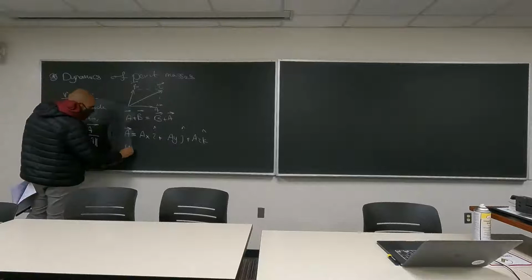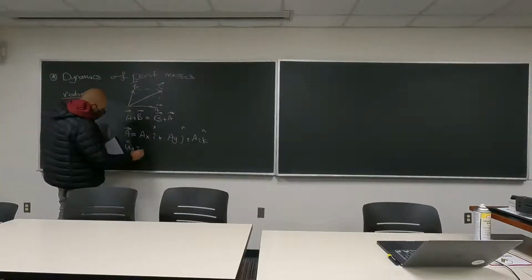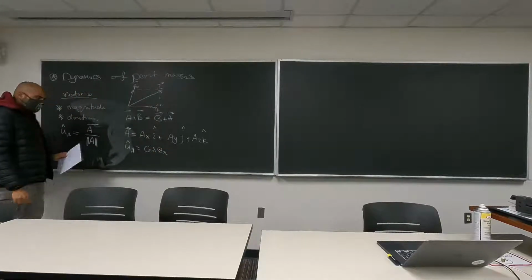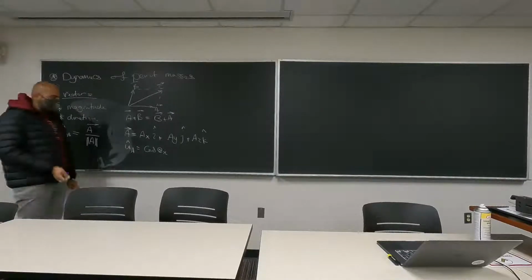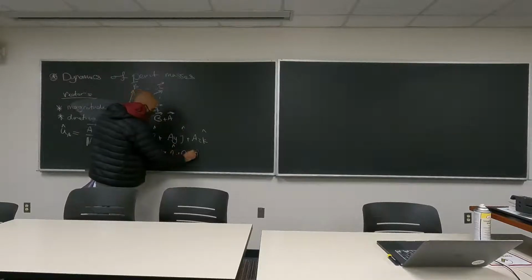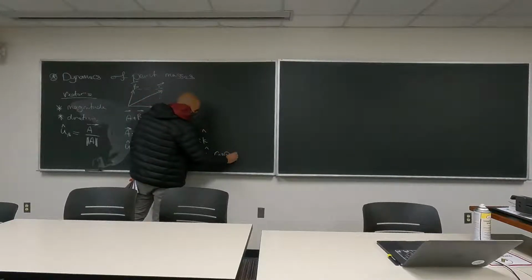The same is true for the unit vector, which is equal to cosine of theta x, the angle vector A makes with the x axis, i, plus cosine of theta y j, plus cosine of theta z k.